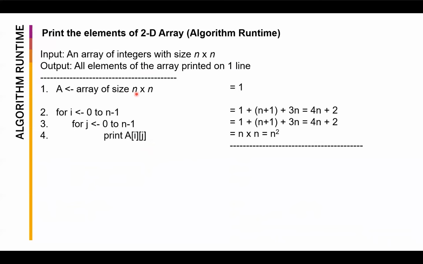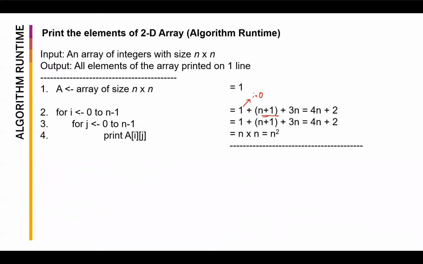We assign an array of size n of n to a, and we have 2 for loops. Basically, we run it on each row, and then we also run it on each column, and then we print a of ij for each iteration. So in this case, we have our first initialization, which is I equals 0.